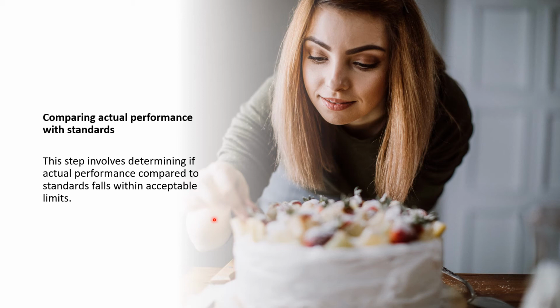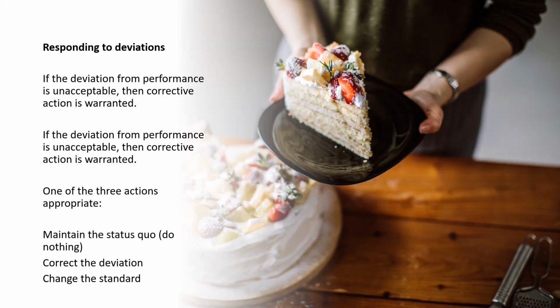So you will check one by one the quality, the taste, the appearance of the cakes that your employees bake. You compare it with the standard that you want, whether it tastes like the one that you have set, the appearance, the weight of the cake, and so on.